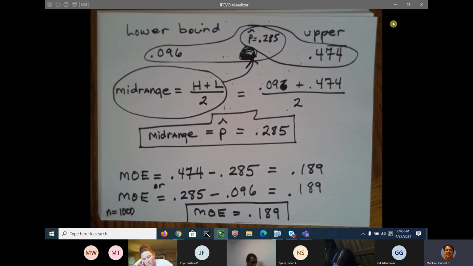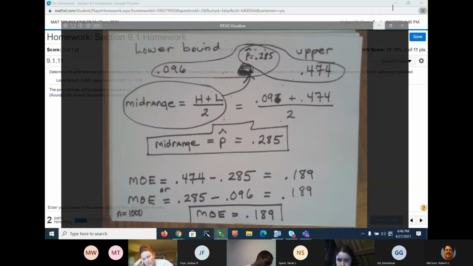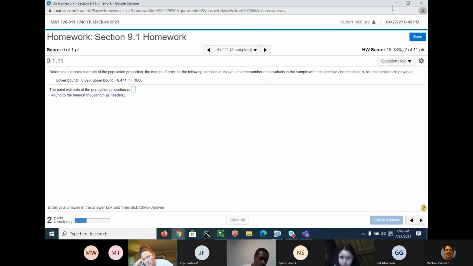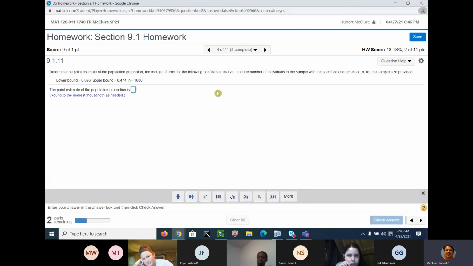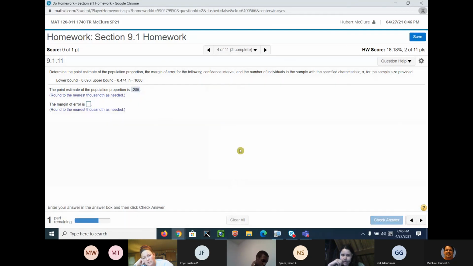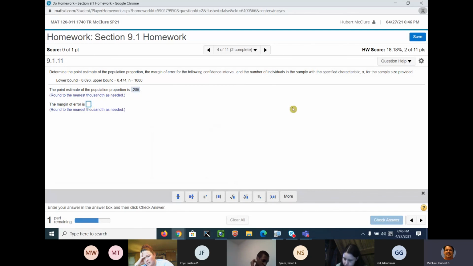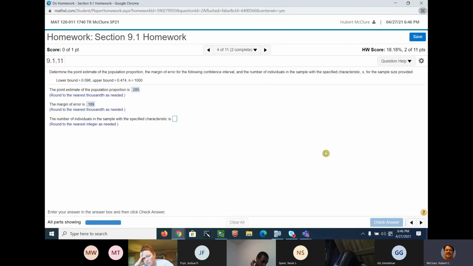All right, so let's type those in. The point estimate is 0.285. And the margin of error is 0.189. The number of individuals in the sample with the specified characteristic, you're going to take n and multiply it by p hat.